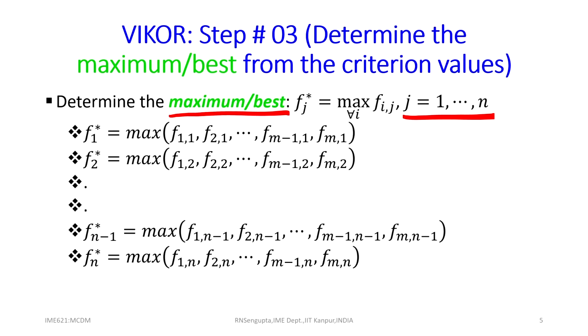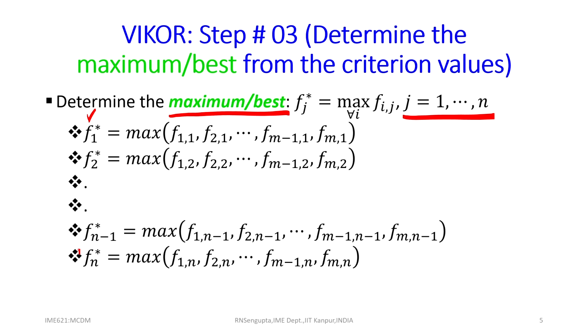So how many such maximum values would there be? We have n criteria, so we get f1 star, f2 star, up to fn star for the nth one, where the star means the maximum.